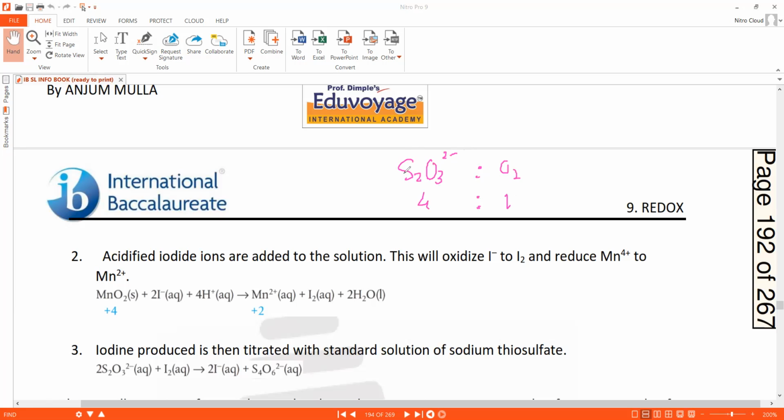From the number of moles of thiosulfate, I can directly find the number of moles of oxygen in the sample of water that I have taken. At the end of this step, I know the number of moles of oxygen, and the volume we already know because we took a specific volume for the entire process. So this will give you the concentration of oxygen.